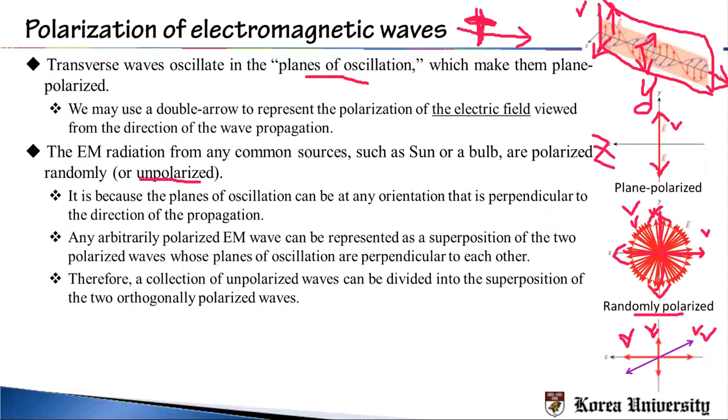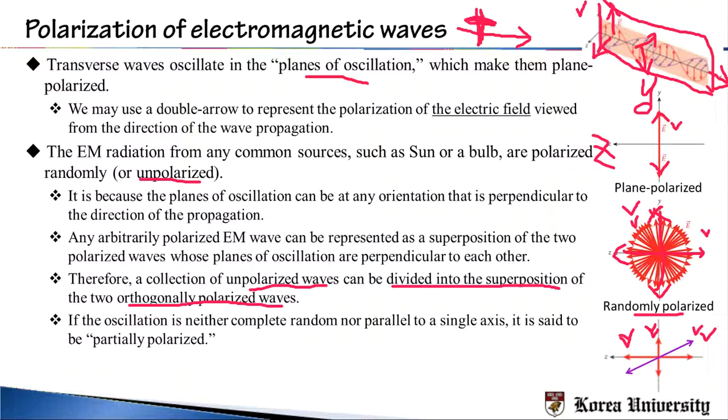This sentence again says that a collection of unpolarized waves can be divided into the superposition of two orthogonally polarized waves, where orthogonal means 90 degrees, so along y and along z. And if the oscillation is neither completely random nor parallel to a single axis, it is called partially polarized.